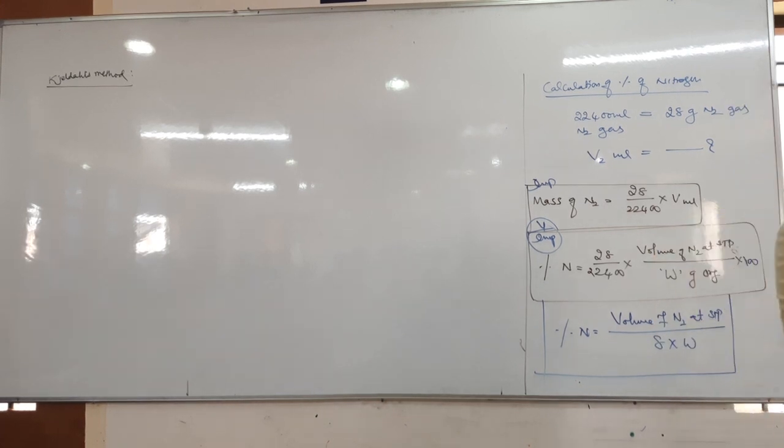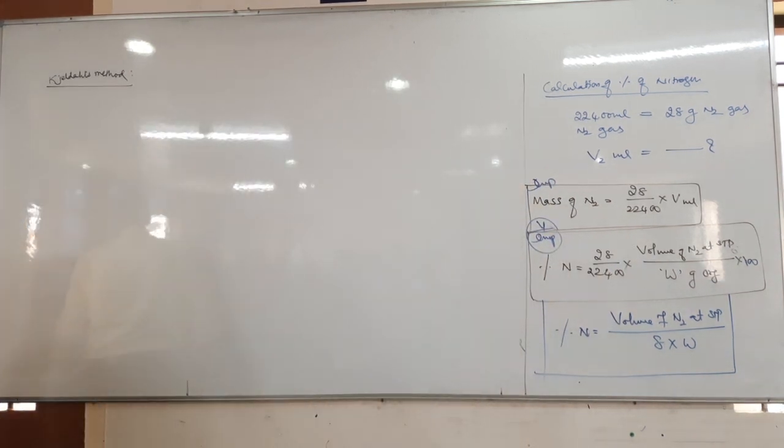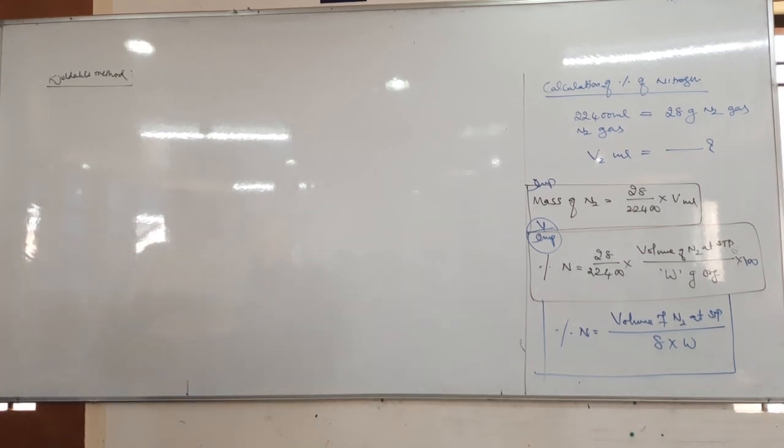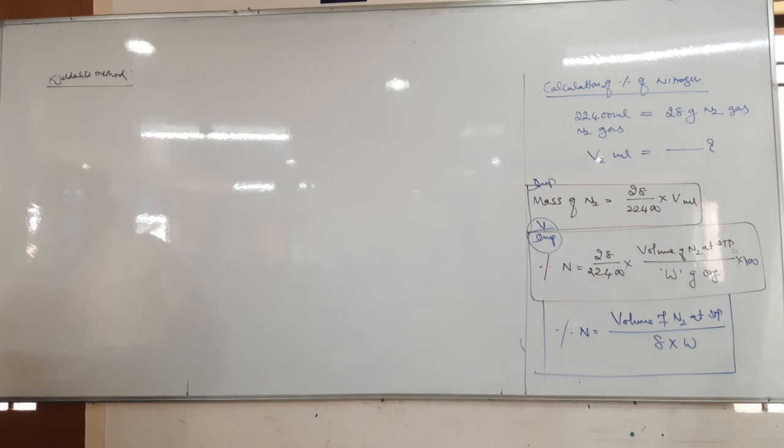From the ammonia mass, the nitrogen can be calculated. Okay? Therefore, write the first point: in this method, nitrogen present in the organic compound is converted into ammonia.